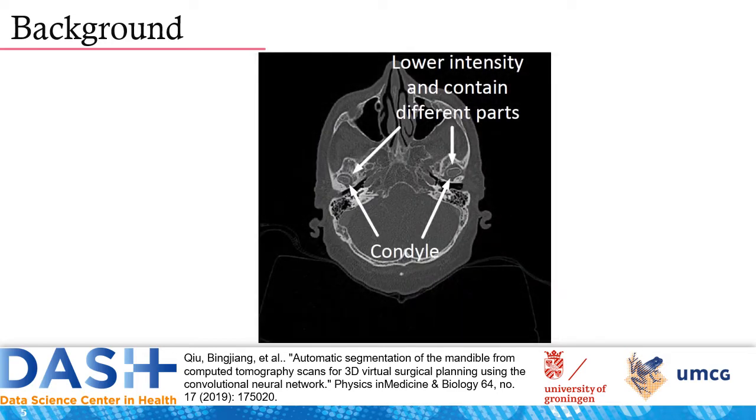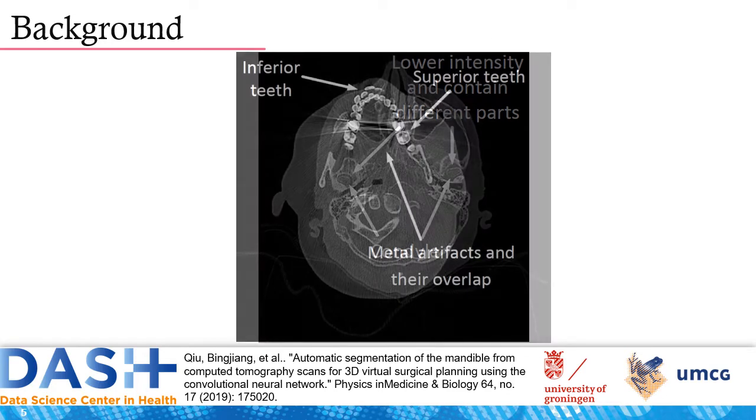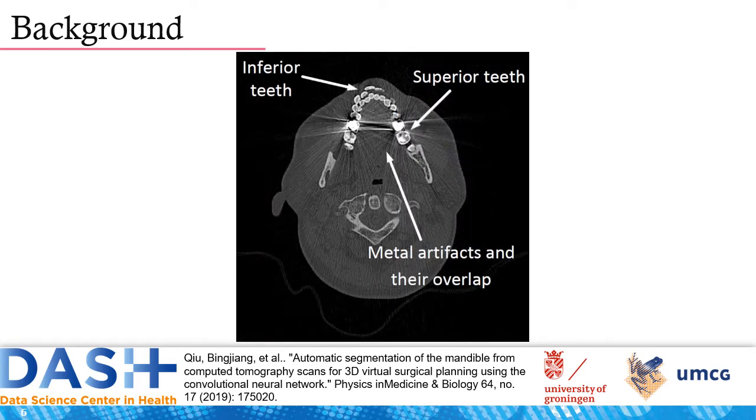Second, there is a lower intensity in the condyles of the mandible. Third, lower teeth and upper teeth often appear in the same slice. Metal artifacts and noise are always appearing in the part of the teeth.